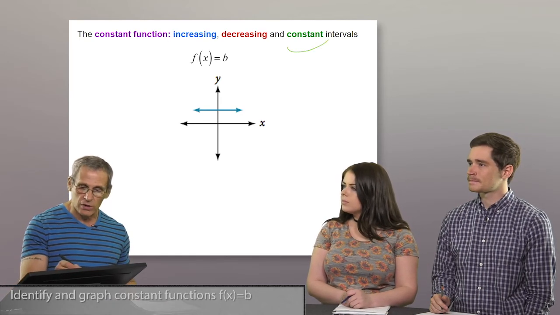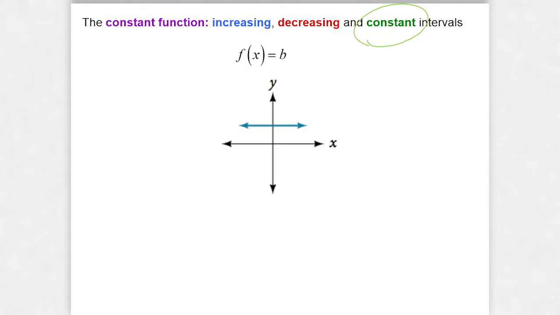Well, it's a horizontal line that we're seeing. So because this function is constant over the entire domain, I would say it's constant over the interval of, and what was the domain of the constant function? Negative infinity to positive infinity. Beautiful. And so we say this function is constant over the interval negative infinity to positive infinity. Thank you.